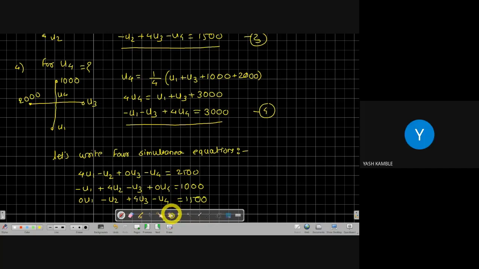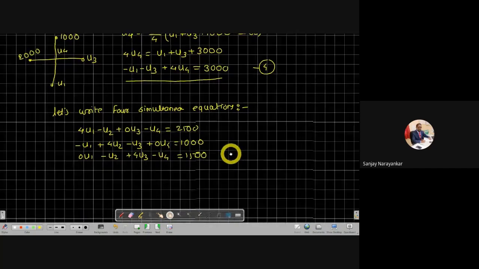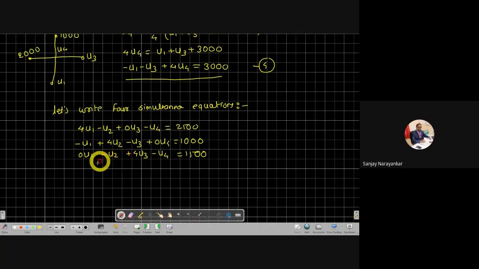Correct. The last equation is now visible to all of us. We'll write minus U1 plus 0U2 minus U3 plus 4U4 is equal to 3000. Okay. These are the 4 simultaneous equations.